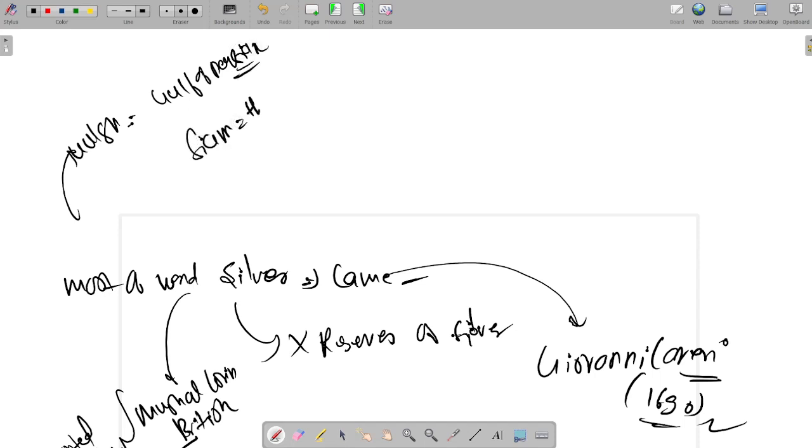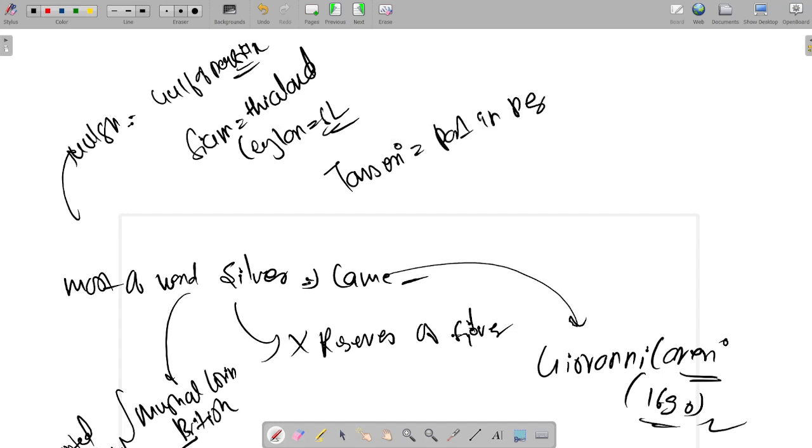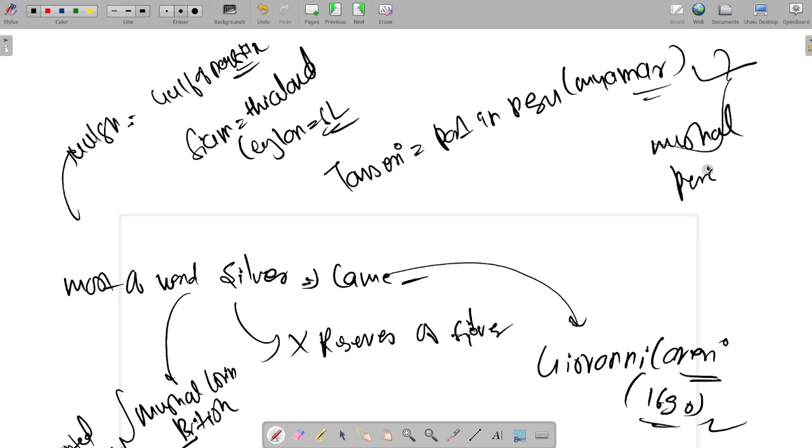Siam is Thailand. Ceylon is Sri Lanka. Tenasserim is a port in Pegu, which is Myanmar. These are the Mughal period names of outside regions.